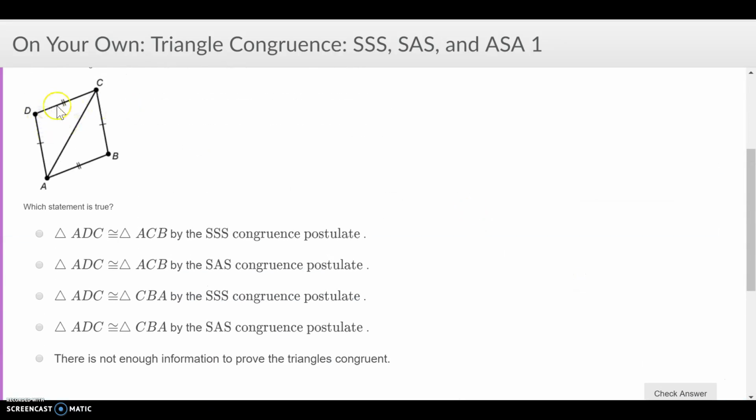All right. Now we have a side, and then another side because this line is congruent to itself, so side, side, side. So it's one of these. All right. So A corresponds to A. Nope.